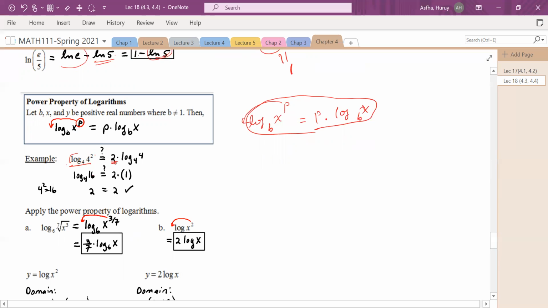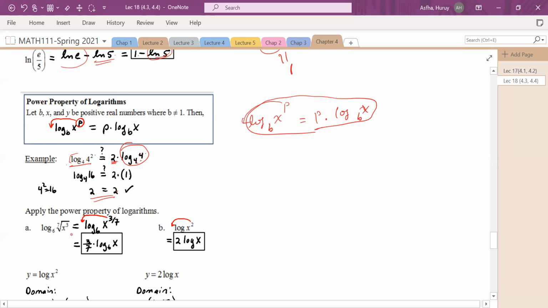So this is what we have, 2, then log 4 base 4. And since we have the same argument and base, this is just 1. So we have 2 times 1, which is 2. Okay? Therefore, these two are the same. So this is another important property of logarithms.